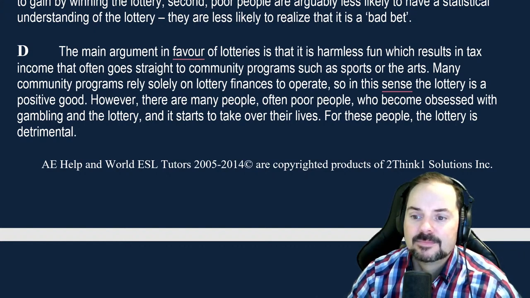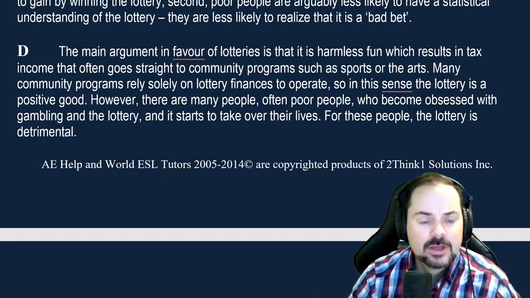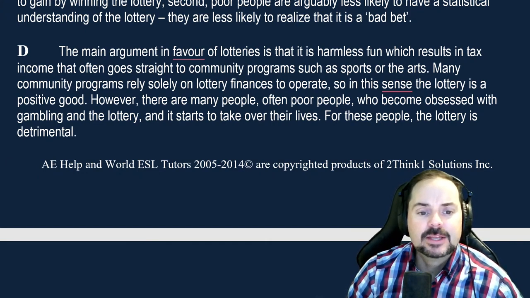So, in this sense, the lottery is a positive good. However, there are many people, often poor people, who become obsessed with gambling and the lottery, and it starts to take over their lives. For these people, the lottery is detrimental.